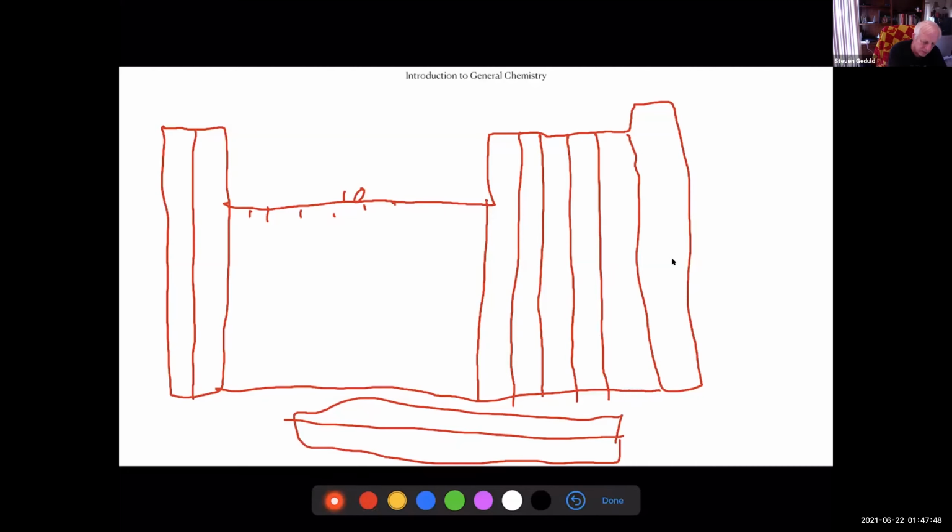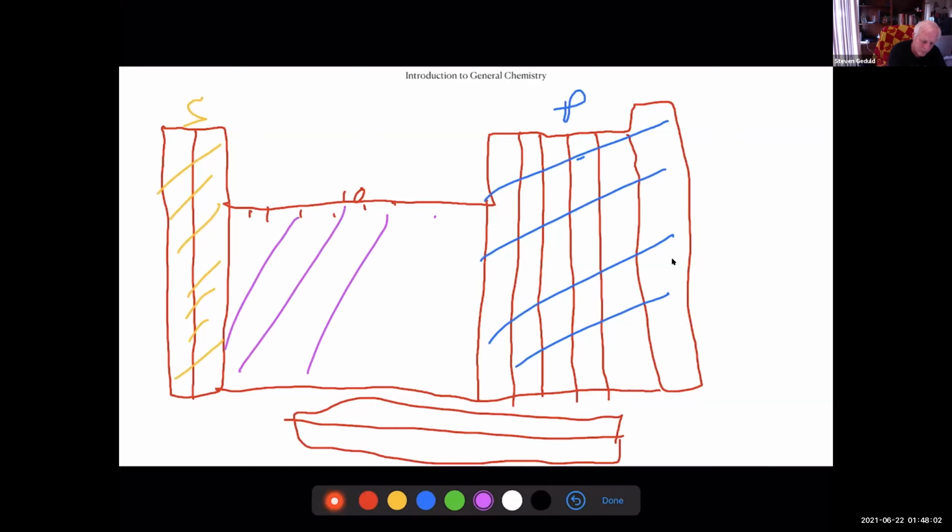These two columns here are your S's. These six columns are your P's. These 10 columns are your D's, and this section, if I color it green, are your F's.